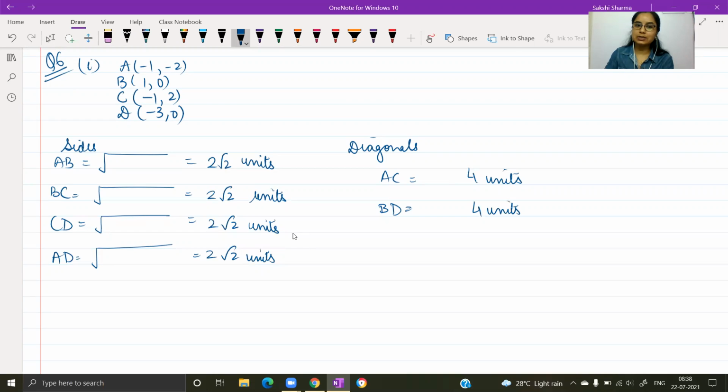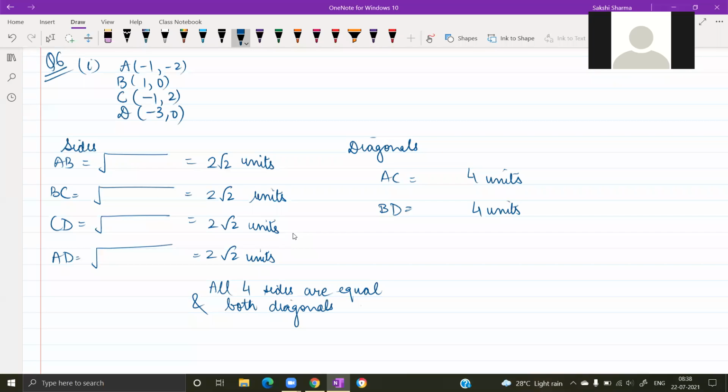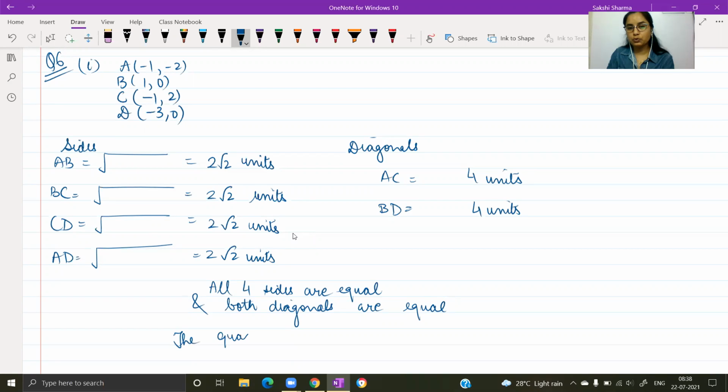Sides equal, diagonals equal. The quadrilateral formed will be a square.